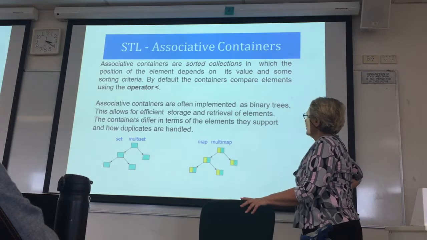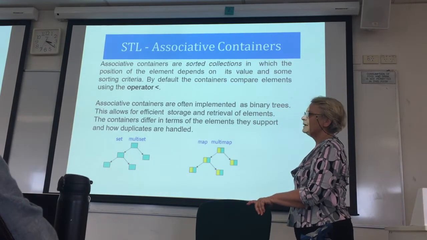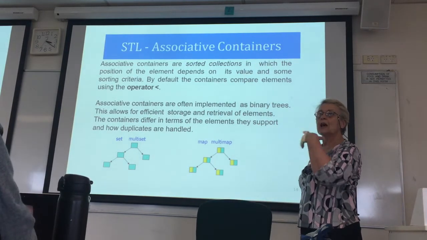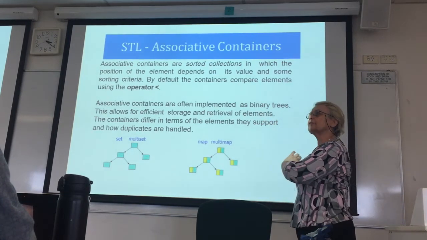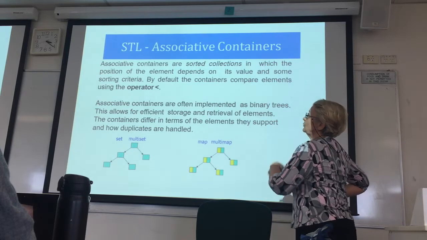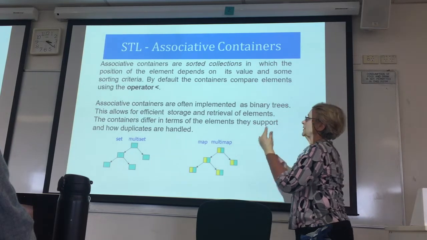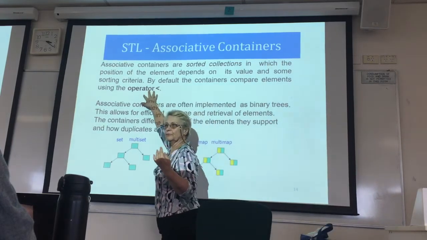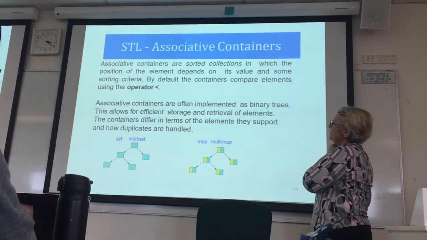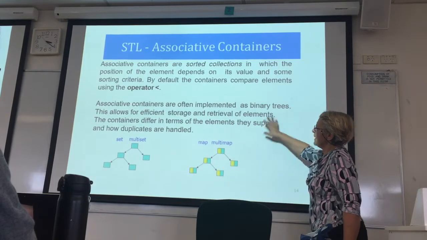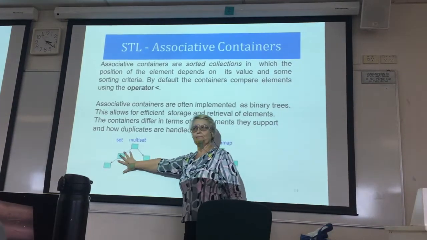Right. For native types, integer, float, and stuff like that, sorting is done on the less operator. And there is a possibility to do sorting in descending order, to change the operator from less to greater. Anyway, these associative containers are implemented as binary trees.